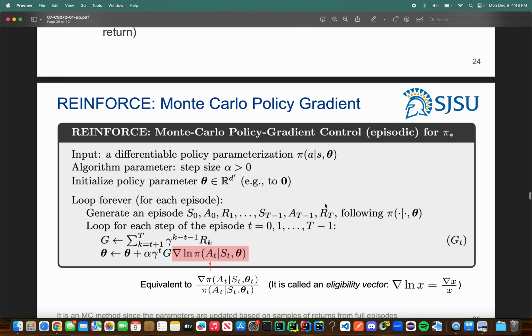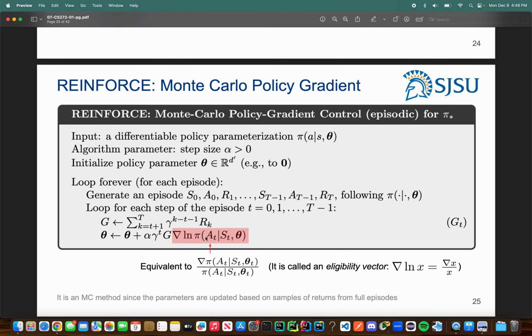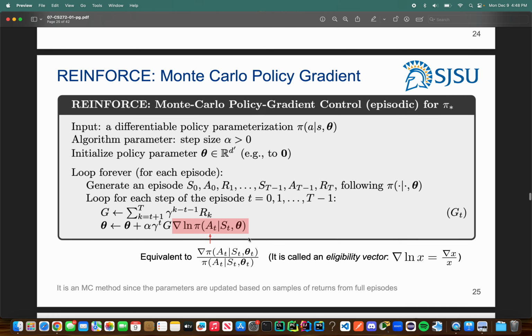That's the update assignment for the policy parameter theta. You might notice that the part highlighted in red is actually an equivalent representation of the eligibility vector. So the gradient divided by the likelihood of choosing the action can be expressed as the gradient of ln of pi of A_t given S_t and theta.